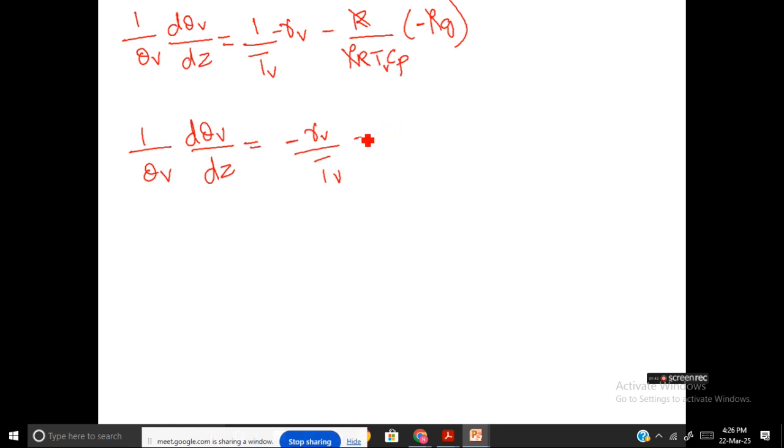So it will be minus into minus, plus G by Cp into 1 by Tv. What is G by Cp? G by Cp is nothing but the dry adiabatic lapse rate gamma d.